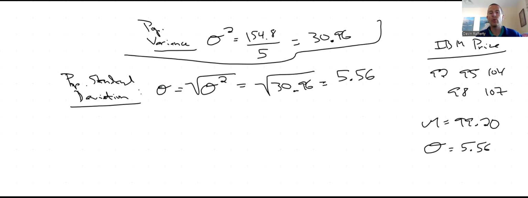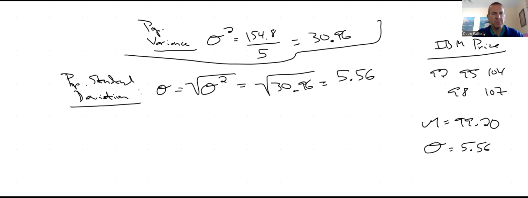So now we know where the center of the data is located, and we have an approximate scale or interval that we can create. We tend to think that 99.2 is the center, and that the price fluctuates $5.56 down from 99 and $5.56 up from 99.2.